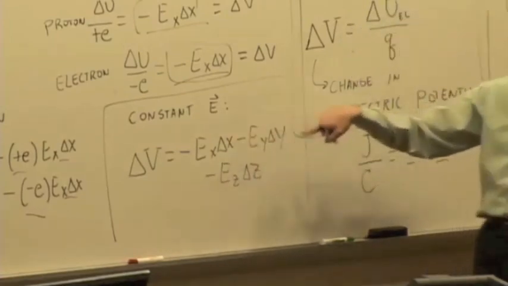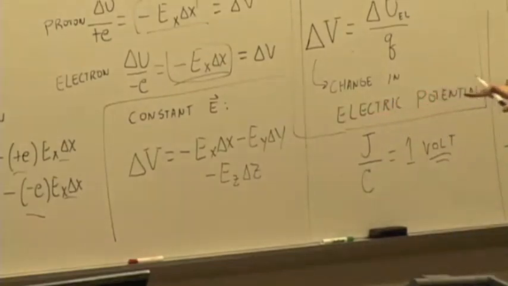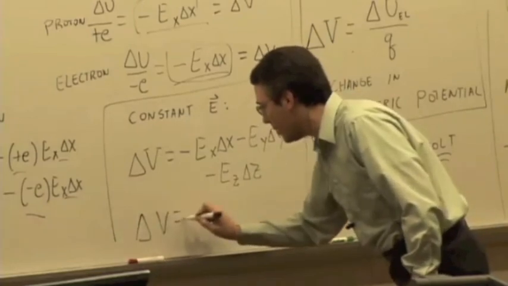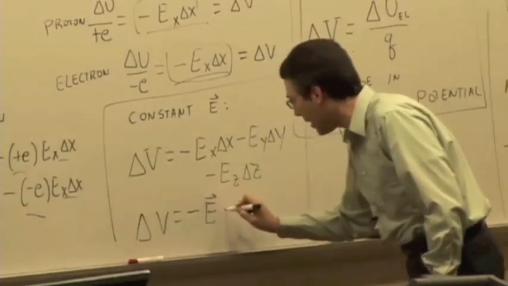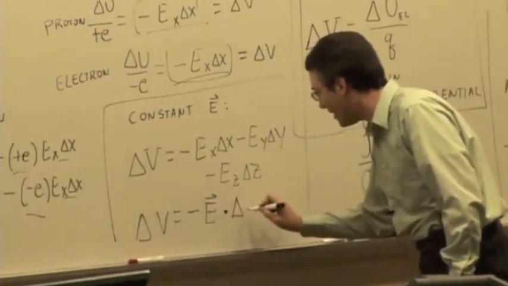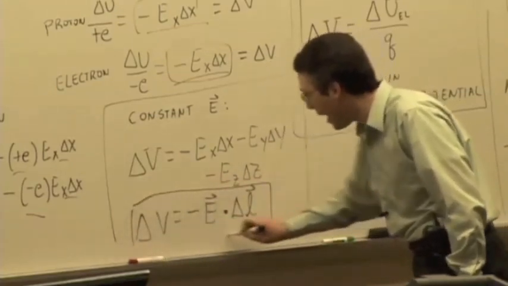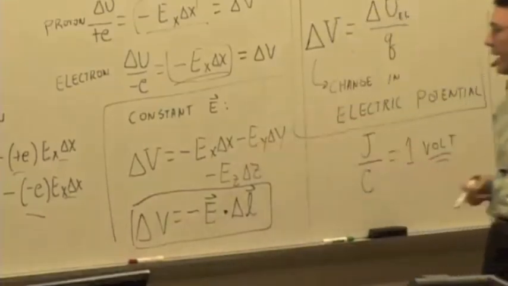But what is that? What kind of product is that? That's a dot product. So we can write delta V is equal to negative of the electric field vector dotted with what we'll call the delta L vector, some path length that has a displacement in the x, y, and z direction. Okay.